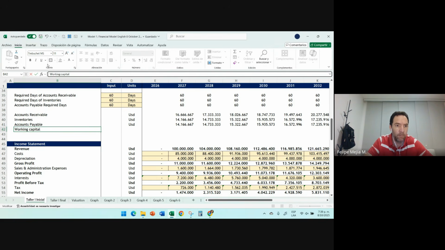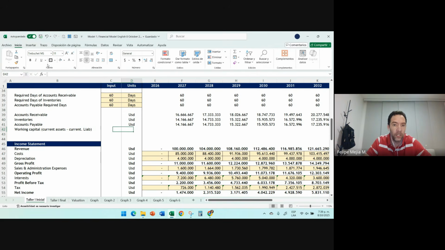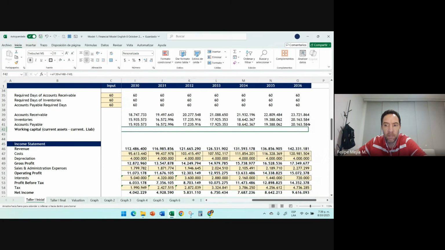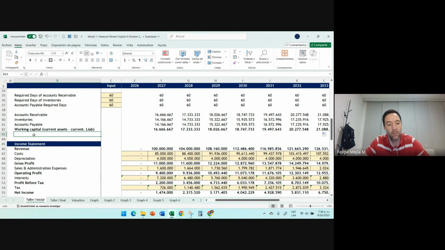We have here the working capital, which is current assets minus current liabilities. No wonder an increase in working capital is a cash outflow, because at the end it's just current assets. So we take here plus accounts receivable, assets, plus inventories, assets, minus accounts payable, which is working capital. Then we move to the right, and this would be in the balance sheet.